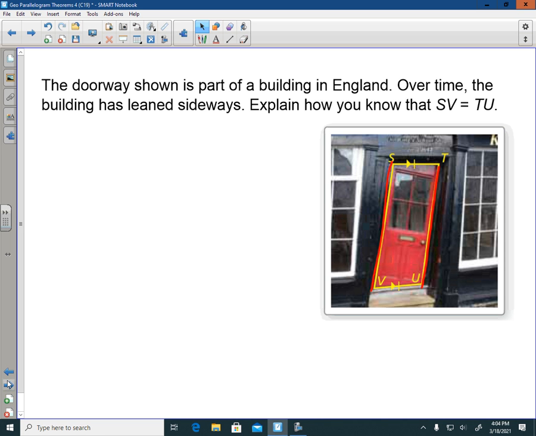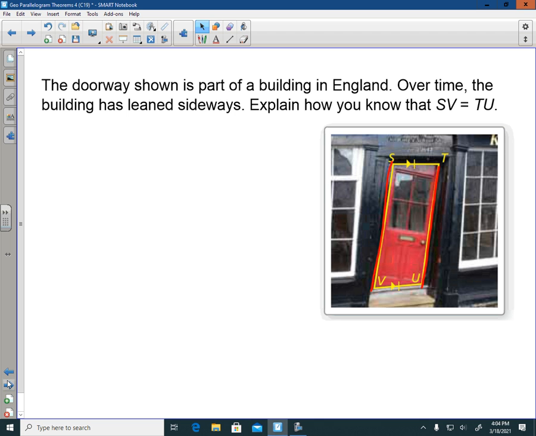And I have four different tests for finding out if a quadrilateral is a parallelogram. One, if both pairs of opposite sides are congruent. Well, I'm trying to find out about one set of sides, so I don't know about both. The next one is, I know I have a parallelogram if both pairs of opposite angles are congruent, but I'm not even dealing with angles here, so that's not going to work.